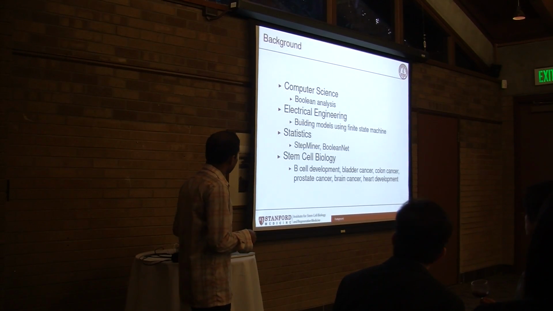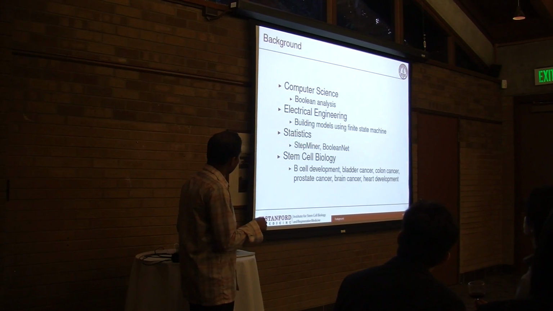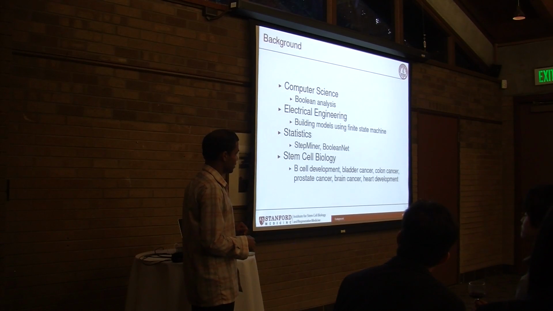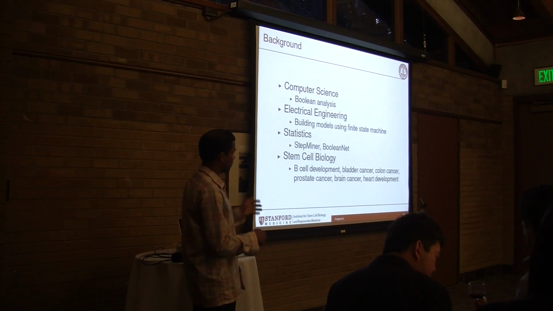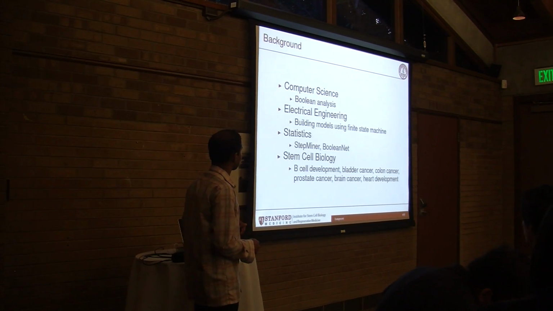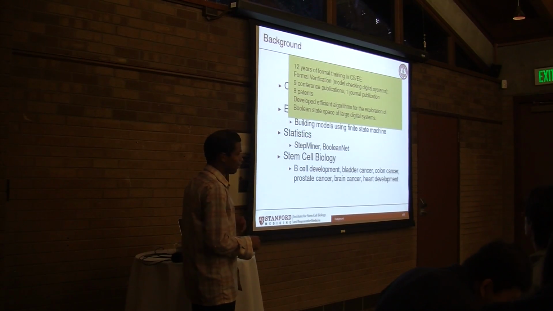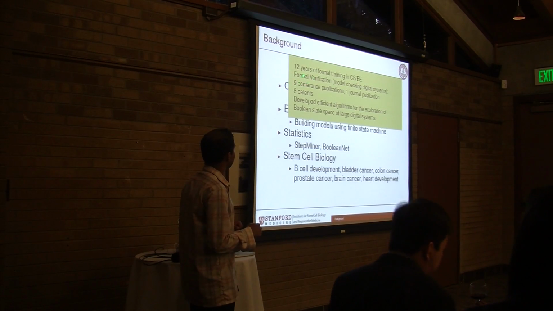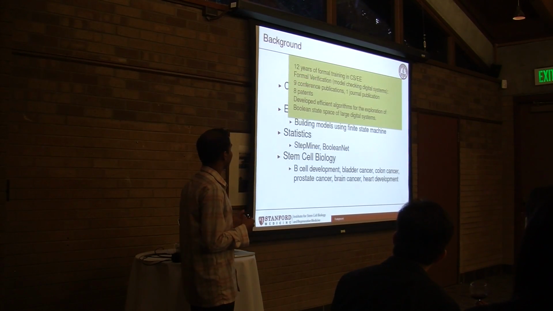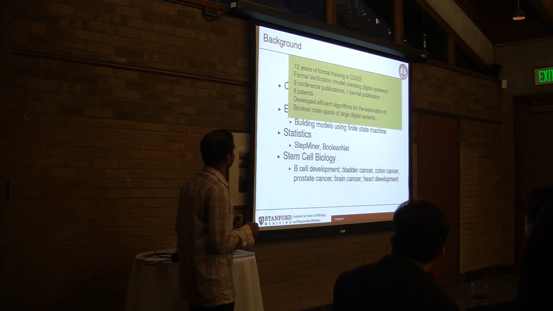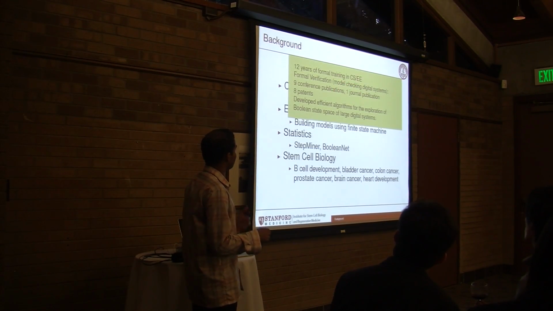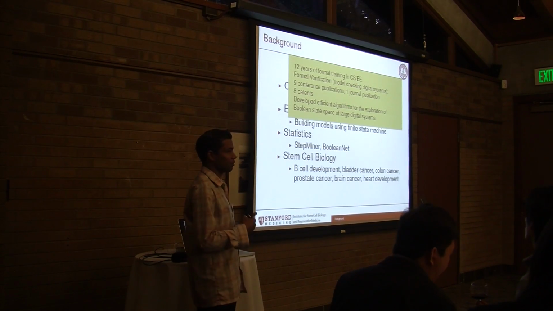Okay. And so the main application is in stem cell biology. And we'll talk about the details of the stem cell biology. So in the field of computer science and electrical engineering, I was working on this area of formal verification. What it means is model checking digital systems. So model checking is you have a model and you have a property, you check, and there are algorithms.